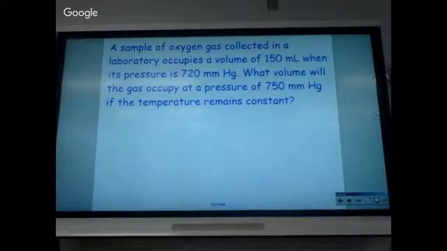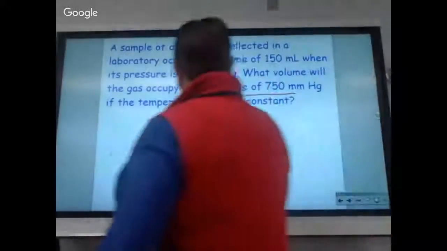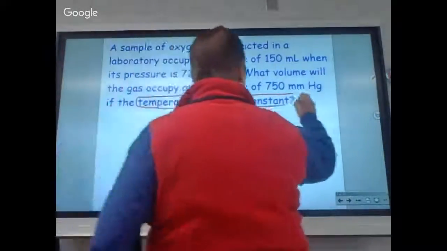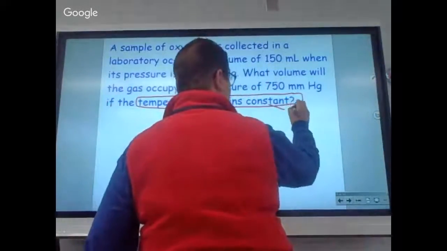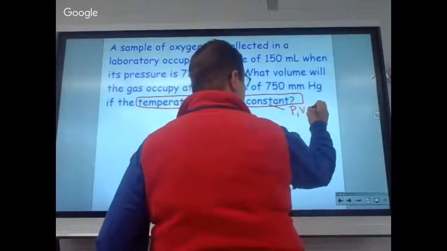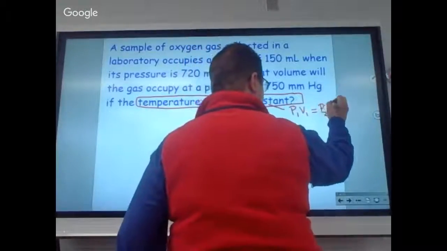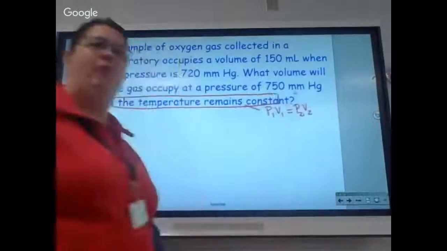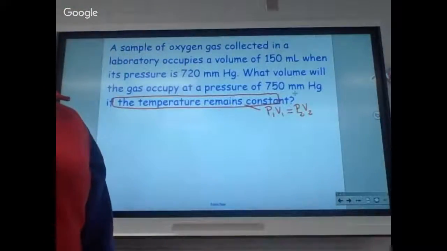When you read the line that says temperature remains constant, that's the only one that's going to tell you this is P1V1 equals P2V2, because this formula doesn't have temperature in it.